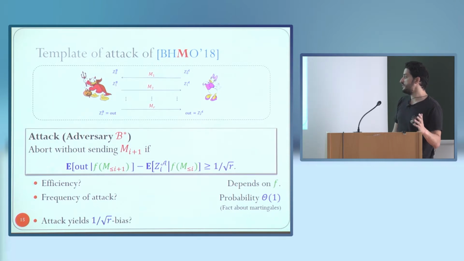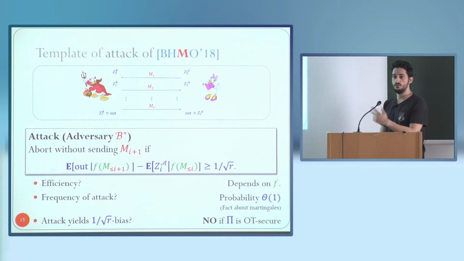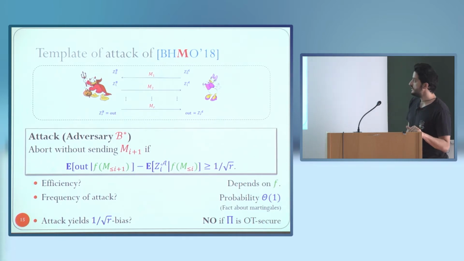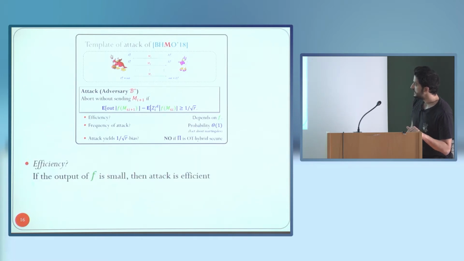And finally, are we going to obtain a 1 over square root of r bias? Well, no, if the protocol is OT secure. What I mean by OT secure is that the protocol is secure assuming access to oblivious transfer. So let me say a few more things about our attack and efficiency and the bias. The way we argue about efficiency is that we want the output of f to be small. We want there to be few bits that describe the output.